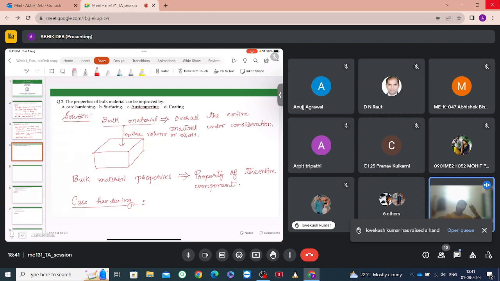The hardness of the center will not change. Then coating is not changing the bulk material property, it is changing the surface property, whatever it be, hardness or surface roughness or whatever it is. Is it clear?